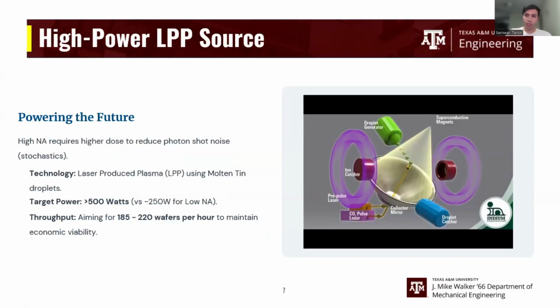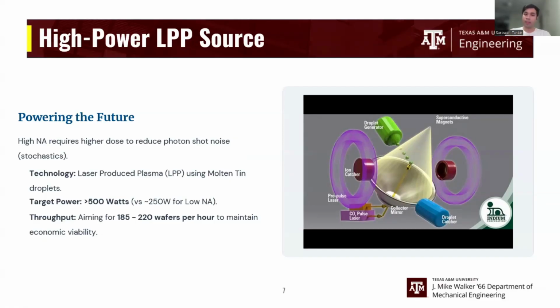Let's look at the light source. High numerical aperture systems are photon hungry. Because we are printing smaller features, we are more susceptible to shot noise, random variations in the number of photons. To fix this, we need a higher dose of light. So typically we use laser-produced plasma. With a high power CO2 laser, you have to hit a single droplet twice.